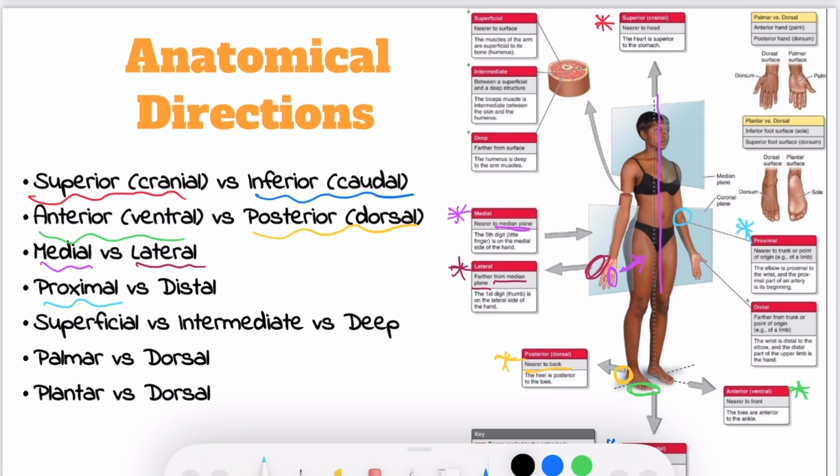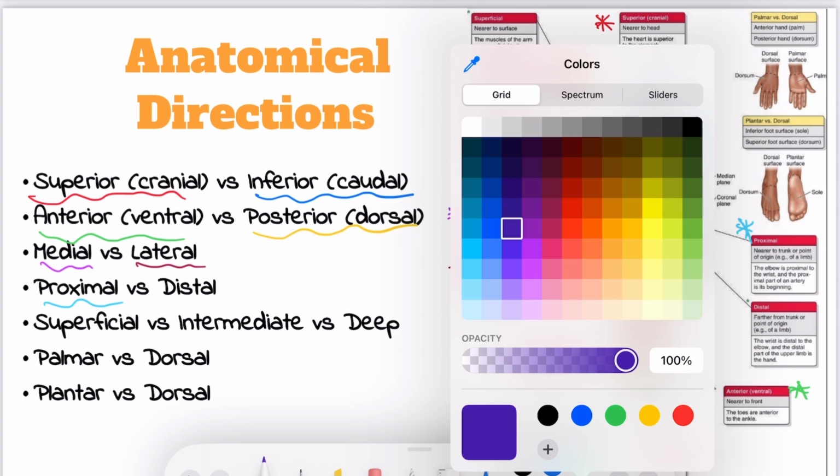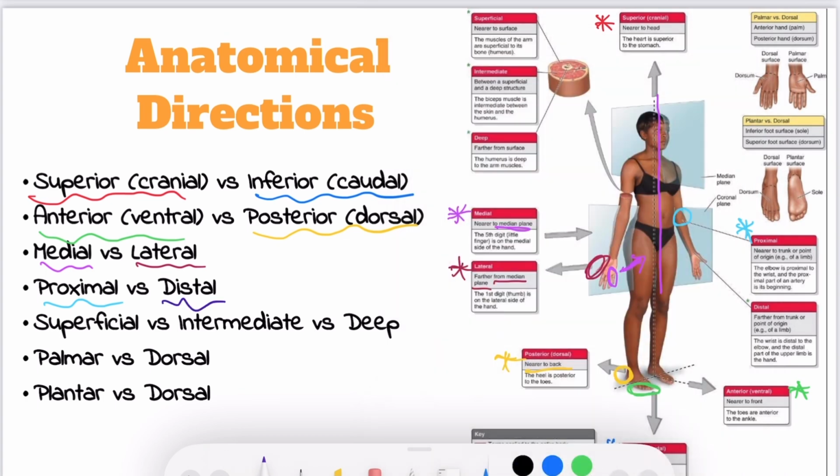Now, distal is farther from the trunk or point of origin. In this case, the wrist is distal to the elbow.